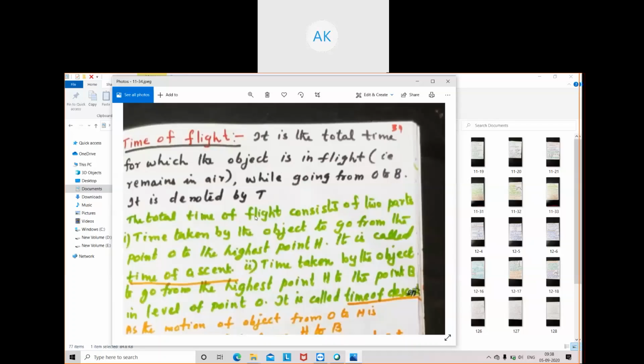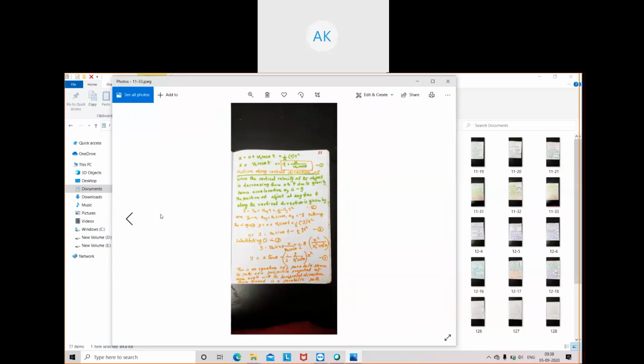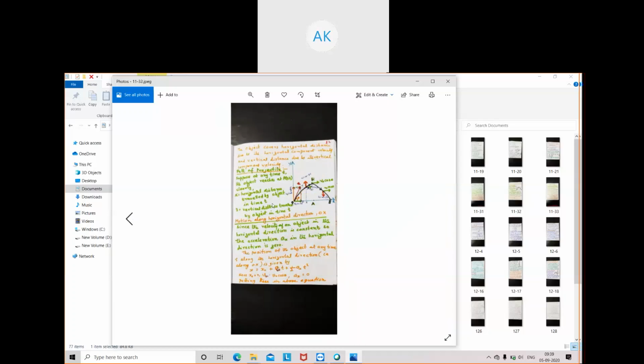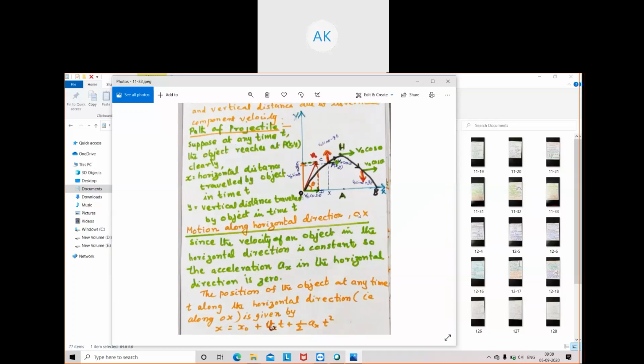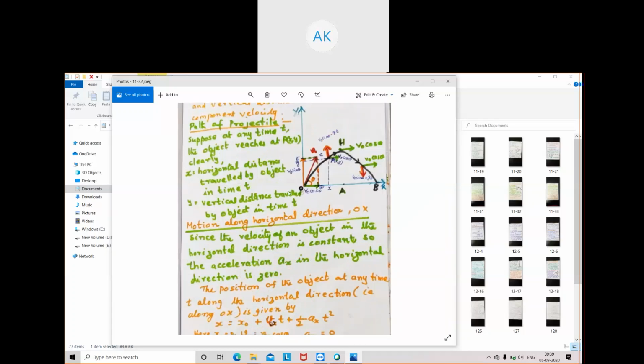But here, when you consider time of flight, there are two times: time of ascent and time of descent. I will show the figure. Yes, this figure is very important. Time of flight means how much time it remains in the air during its flight.